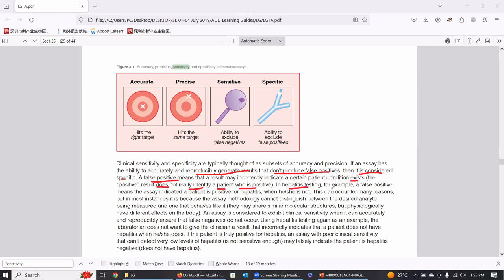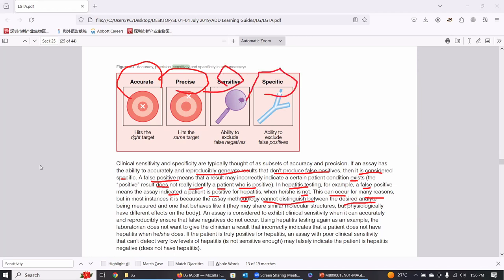In hepatitis testing, for example, a false positive means the assay indicates a patient is positive for hepatitis when he or she is not. This can occur for many reasons, but in most instances, it is because the assay methodology cannot distinguish between the desired analyte and a similar one. So this is the basic concept for accuracy, precision, sensitivity, and specificity.